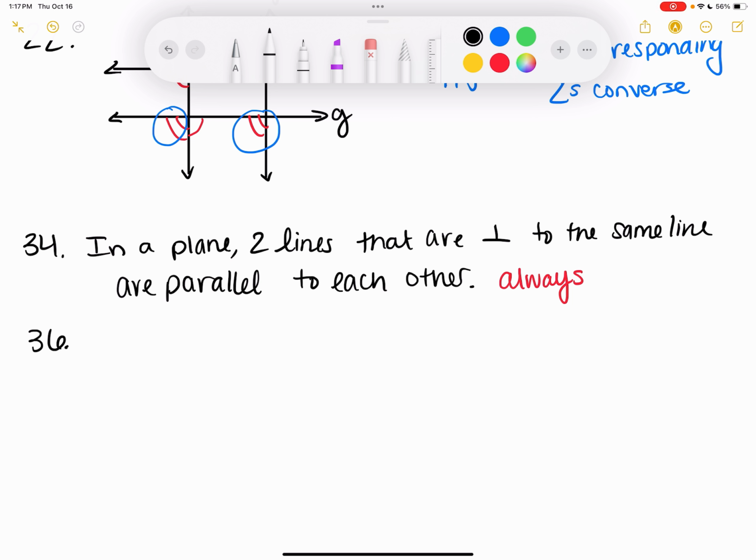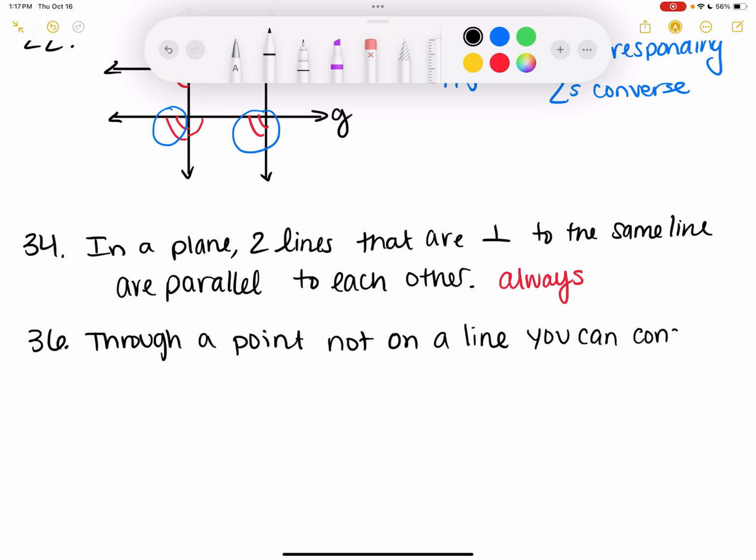36. Through a point not on a line, you can construct a parallel line. Is this always true, sometimes true, or never true? Sometimes.